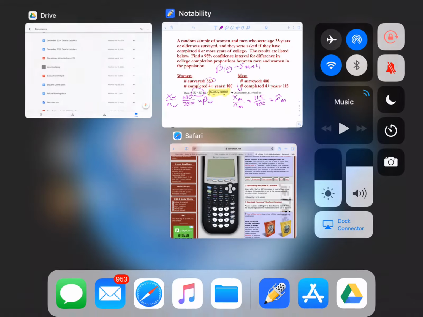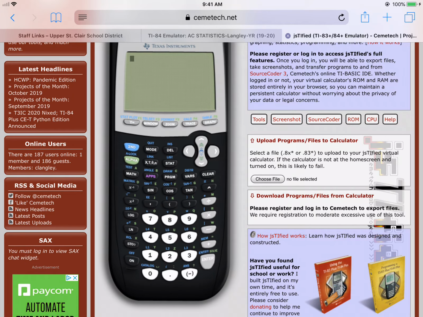So let's go over to the calculator here. With our values, we're going to press stat and go over to tests. And we want a two proportion z interval. On my calculator, and probably most of yours, that's letter B. Now we are going to type in the x and the n values. Make sure you keep these organized.